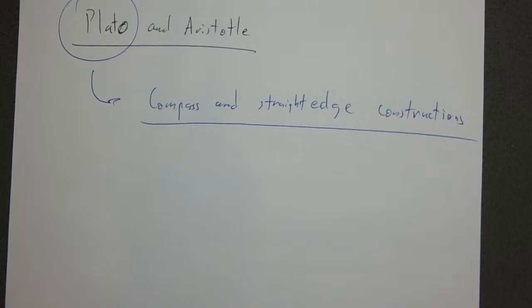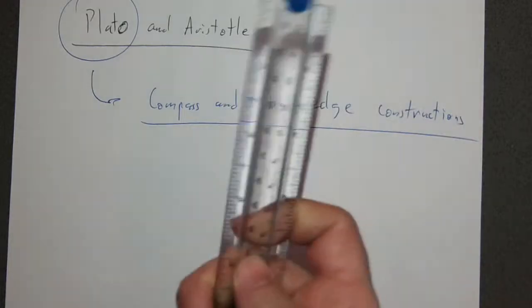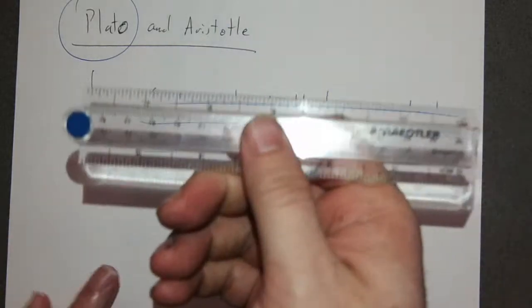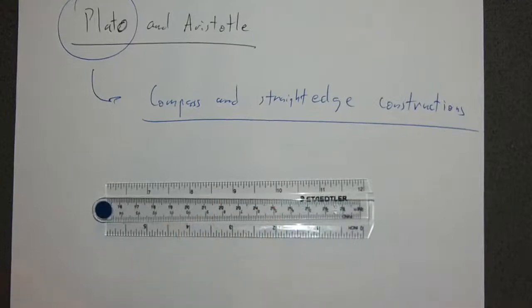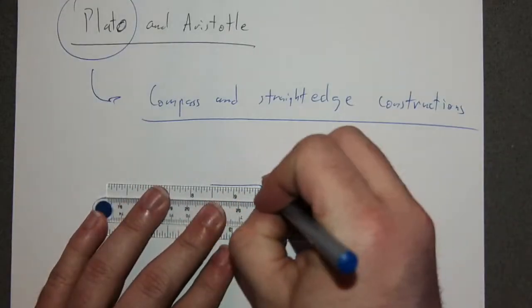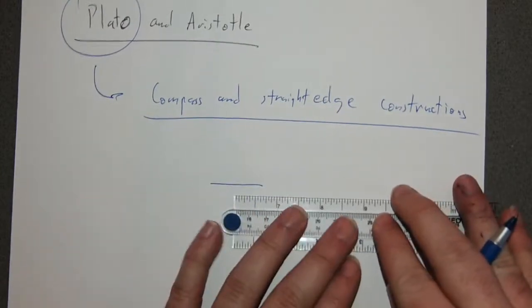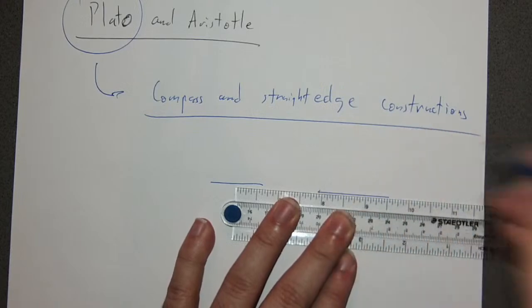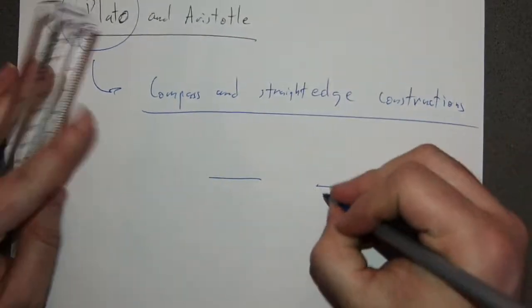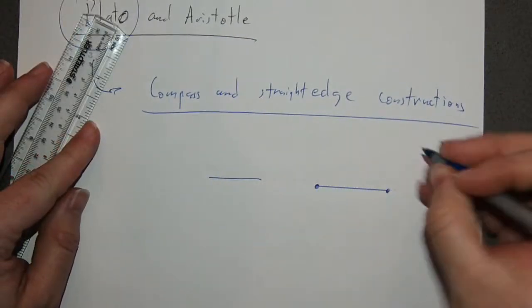I'm allowed to use a straightedge. Imagine my straightedge has no markings on it. I can use it to take a given segment, say a segment AB.